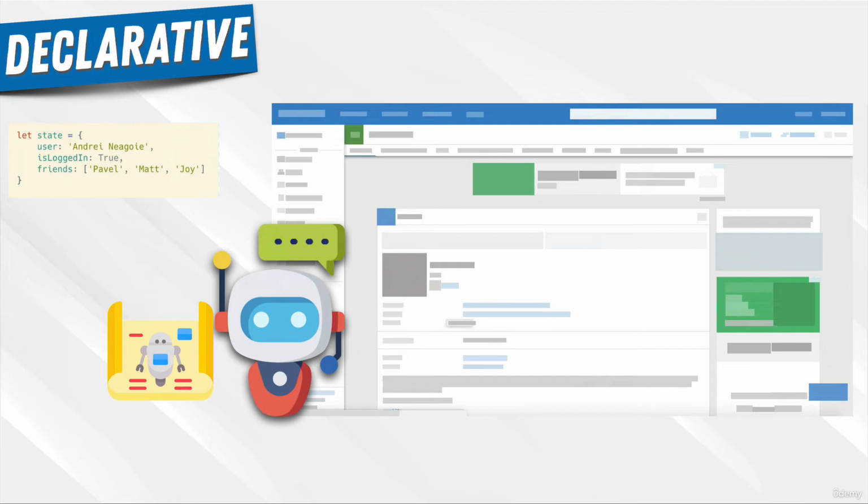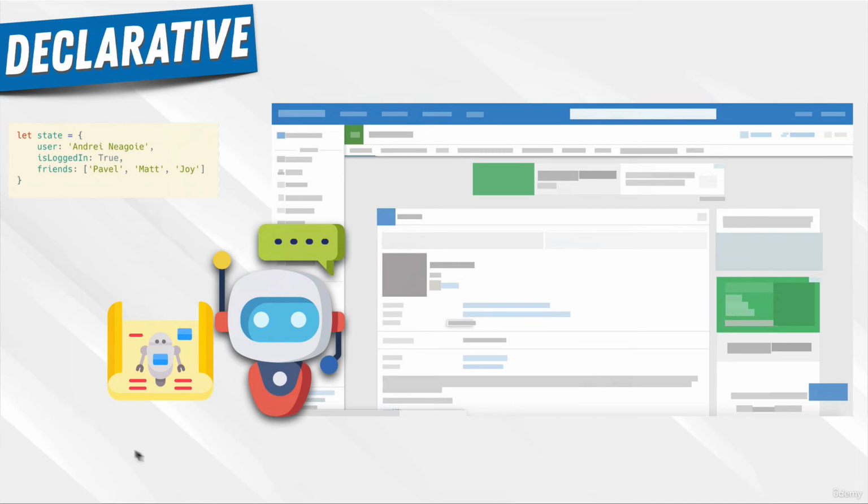I'll find the best way for me to change the DOM and just declare to me what your app looks like. So all we need to do is say, hey, this is a JavaScript object of how I want the app to look. And React is going to hold this JavaScript object, this massive blueprint of how things should look.